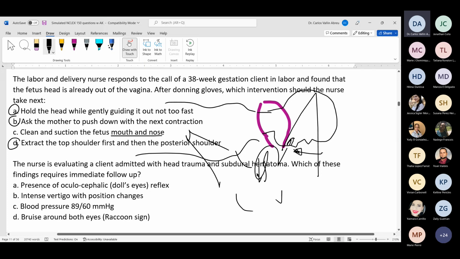You suction the mouth very quickly before the nose, and then the next contraction, which comes in 2 minutes, generally brings out the rest of the baby. In these 2 minutes you don't need to traumatize the baby, because with a soft rubber tip, a bulb, you suction the head of the baby.